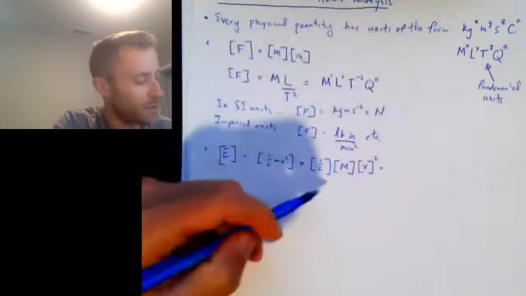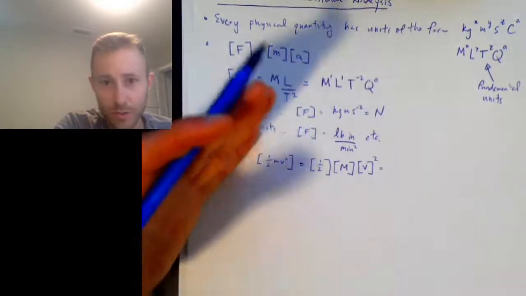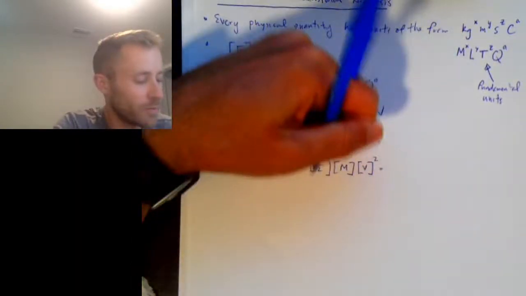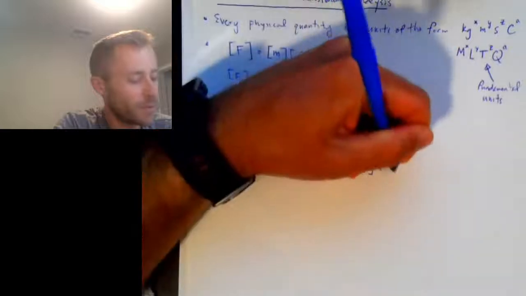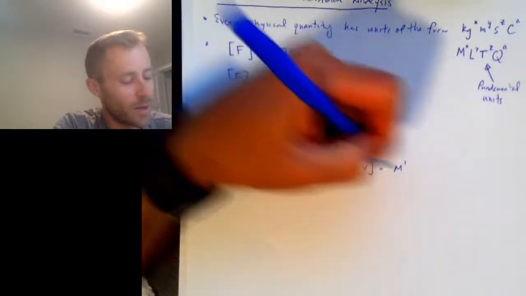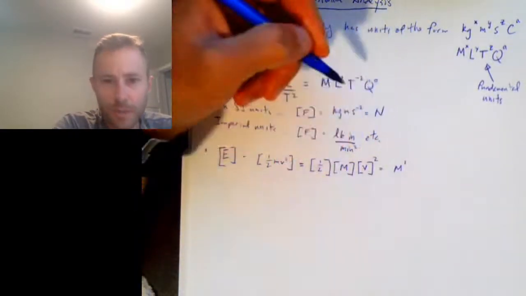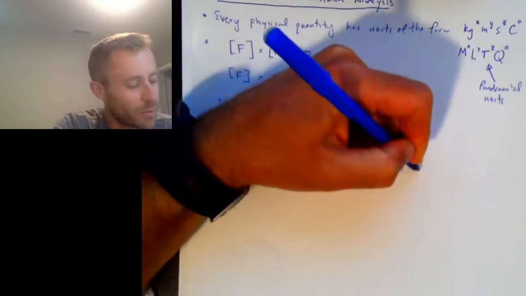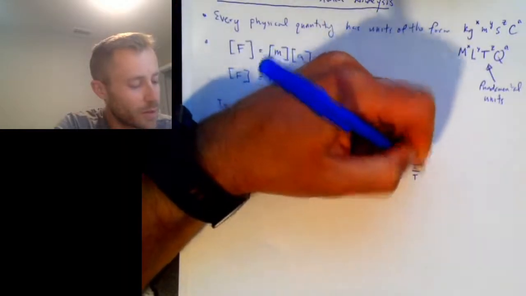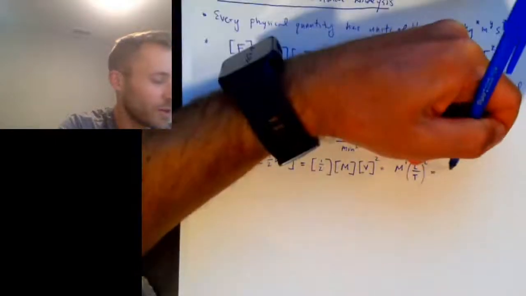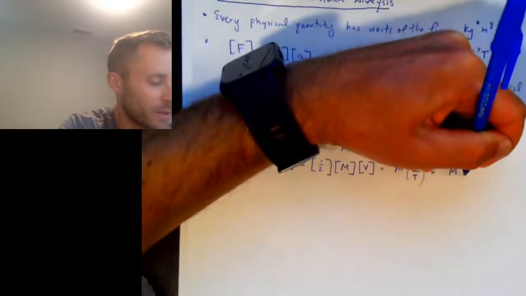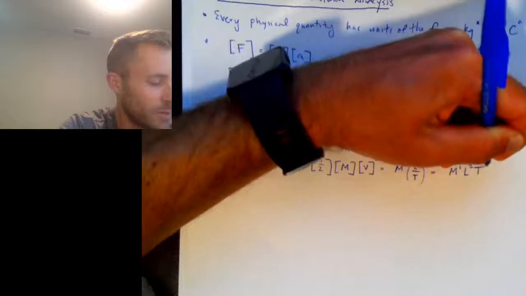Now, 1/2 is just a number, it's unitless, so its units are nothing. M, that's M to the 1, and then we have speed, which is length per time, but that is squared. So our fundamental units of energy are M to the 1, L to the 2, T to the -2.